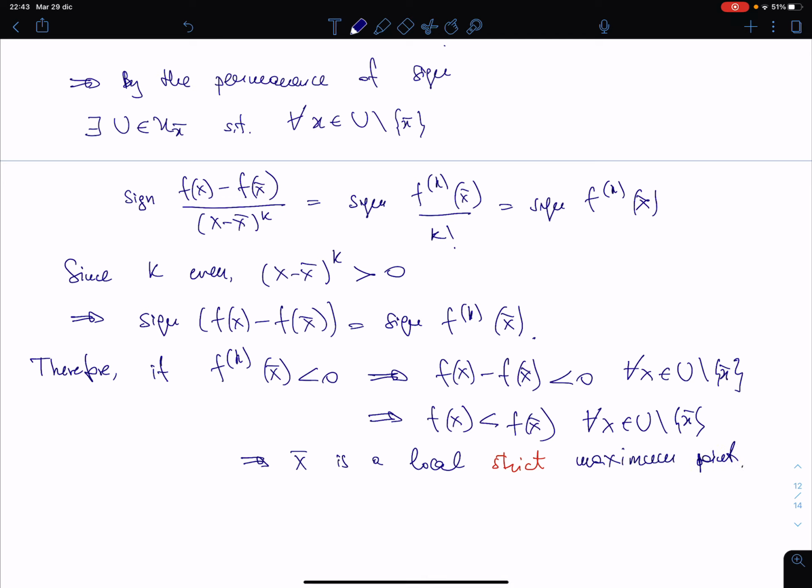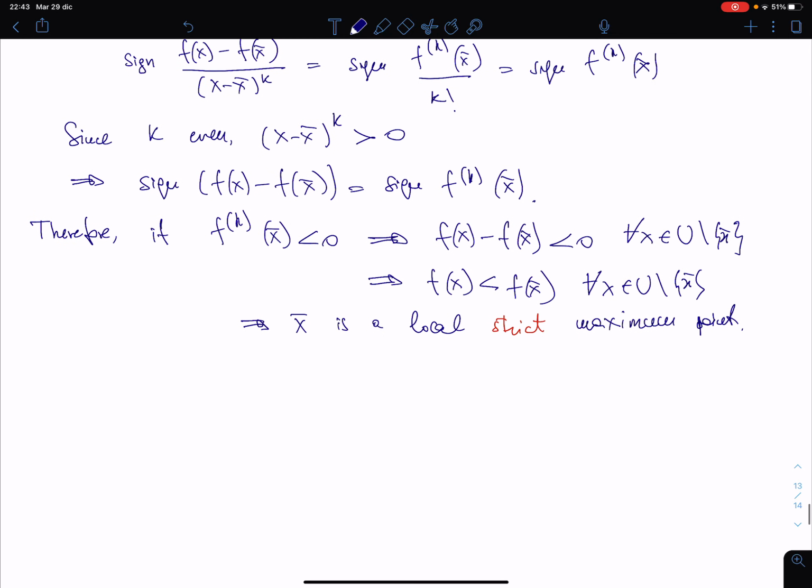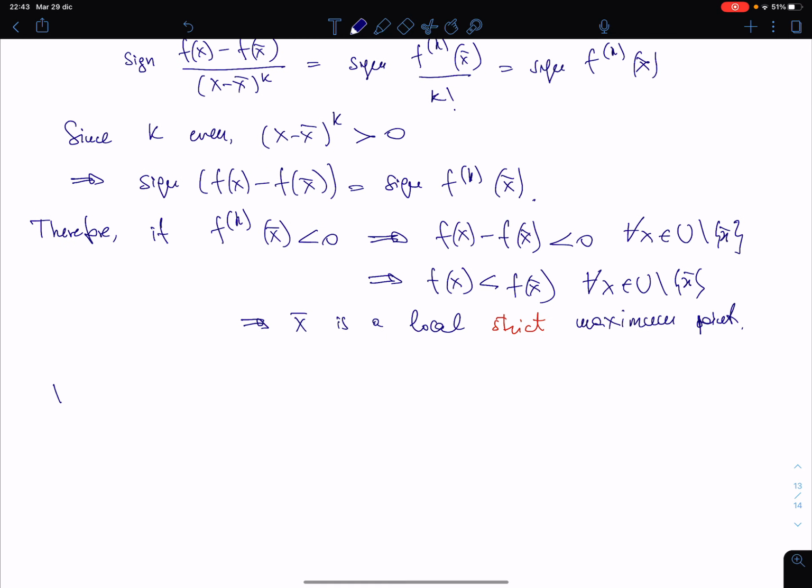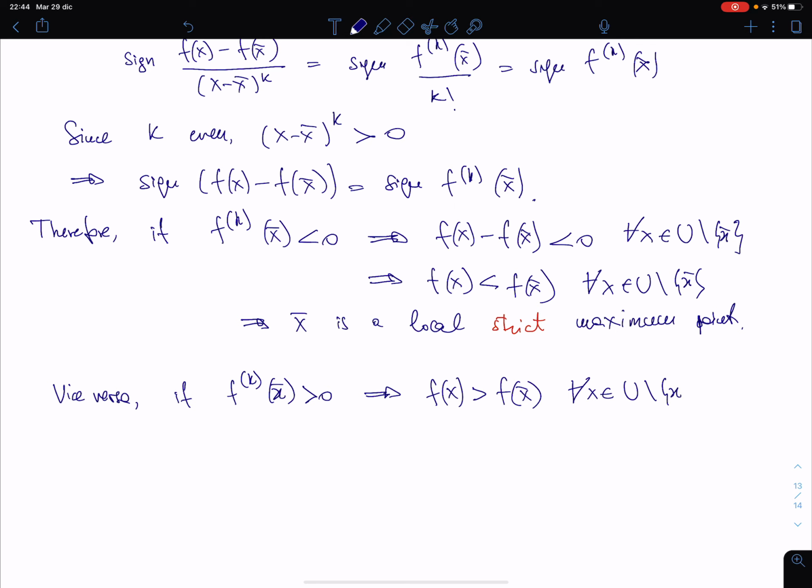Okay. Vice versa, if the kth derivative at x bar is not negative, it is positive, then f(x) is larger than f(x bar) for every x in U minus x bar.